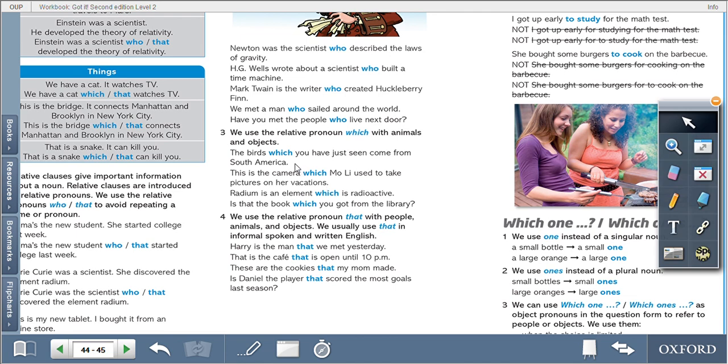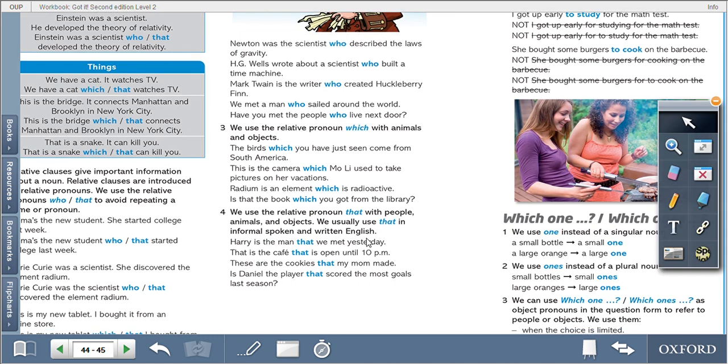Estamos hablando de los pájaros, entonces usamos which. Then we are talking about camera, and we're going to use which. Radium is an element which is radioactive. Chicos, en español, el which se traduce como el cual, o los cuales, o las cuales, etc.